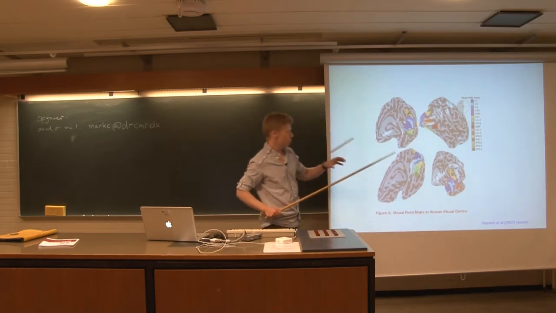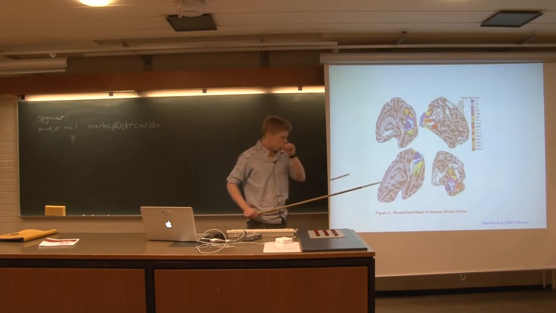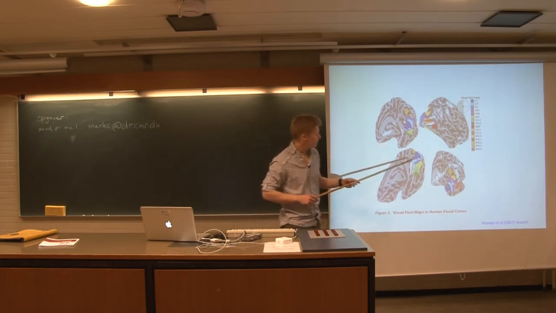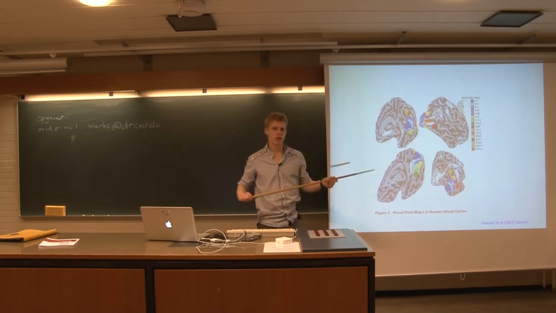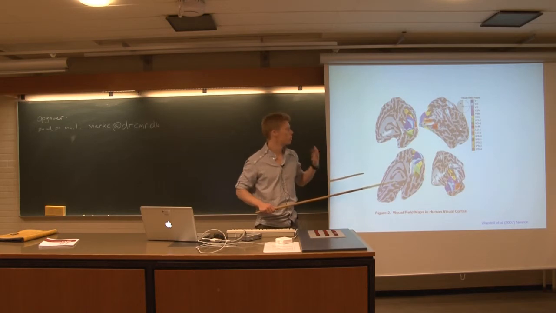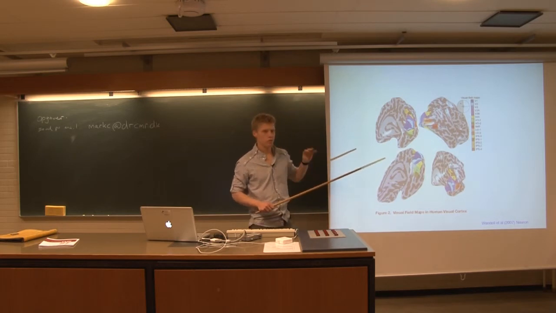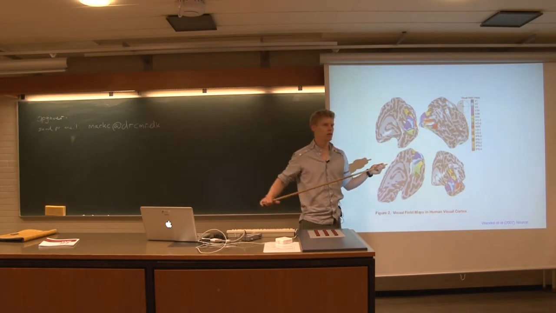You can make all these subdivisions of the visual cortex. And what you will see is that this idea of the retinotopic organization of the visual field is reflected not only in the primary visual cortex, but also in the higher visual areas.